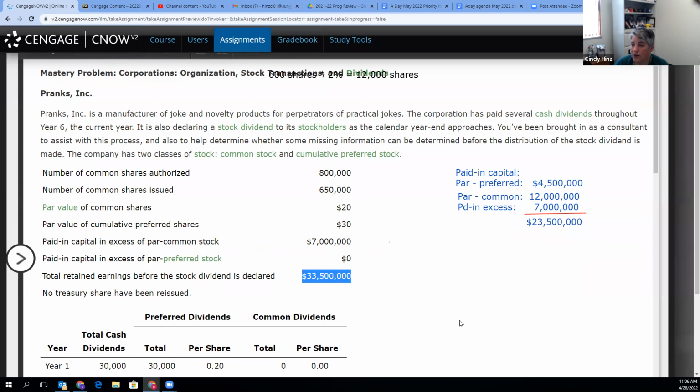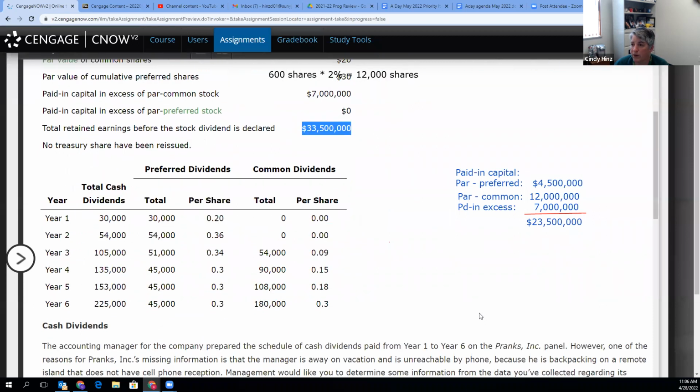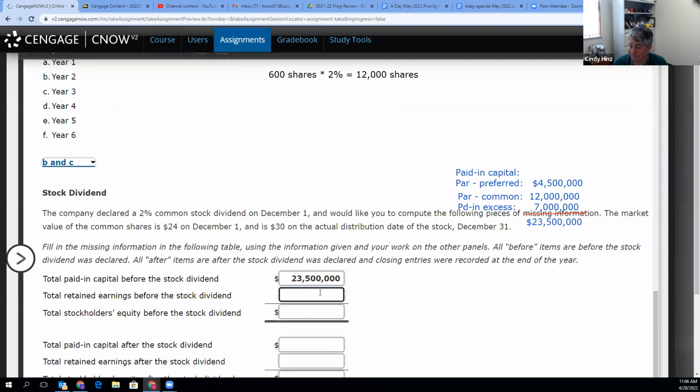So now we have retained earnings before the dividend is declared, 33,500,000, for a total of 57 million in equity.